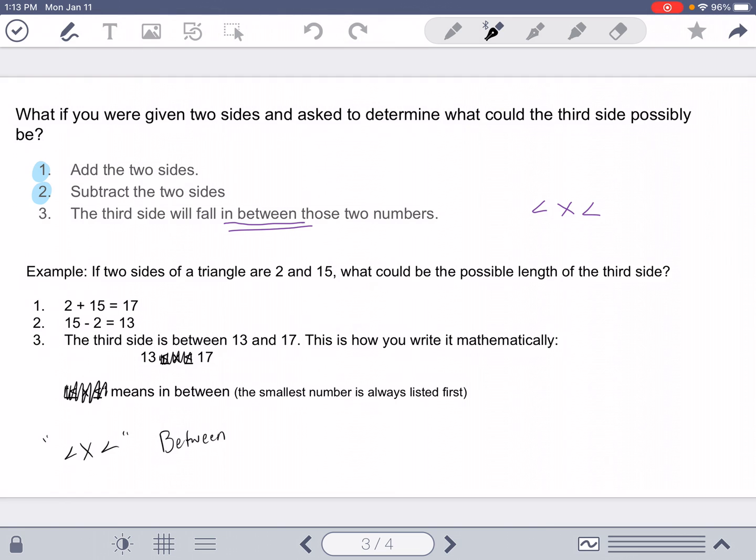So mathematically, it would be between 13, because it's the smallest number, and 17. You always want to list your smallest number first.